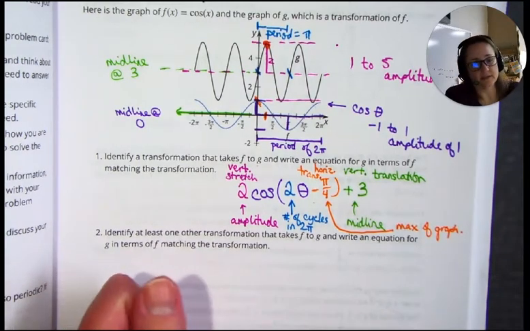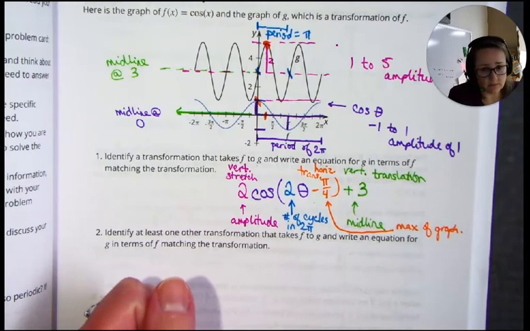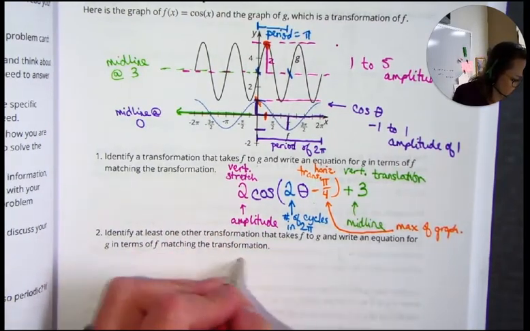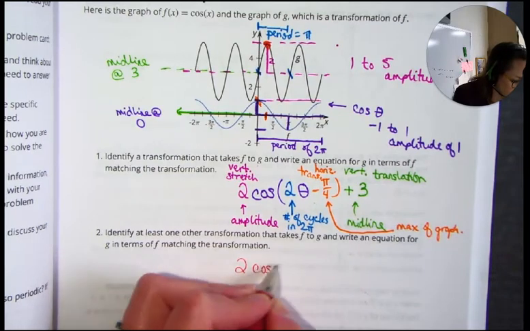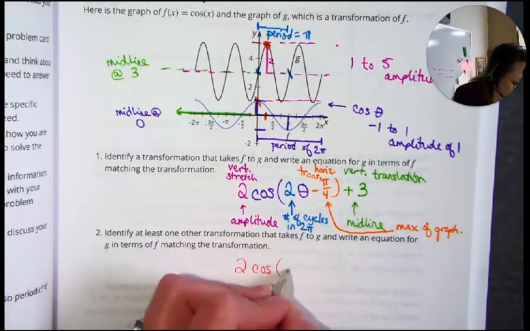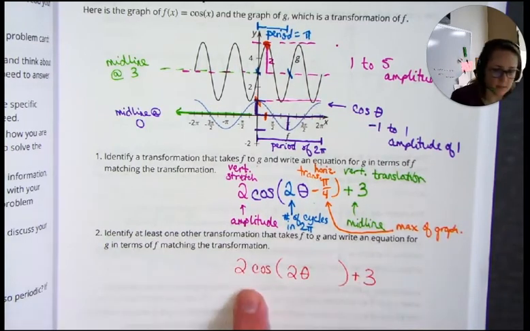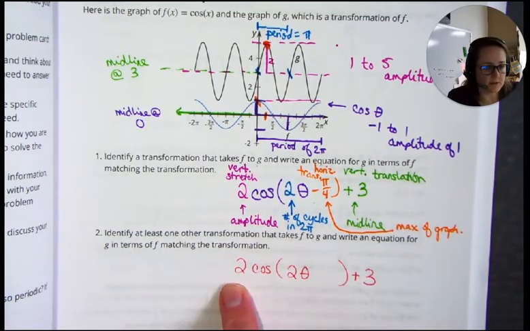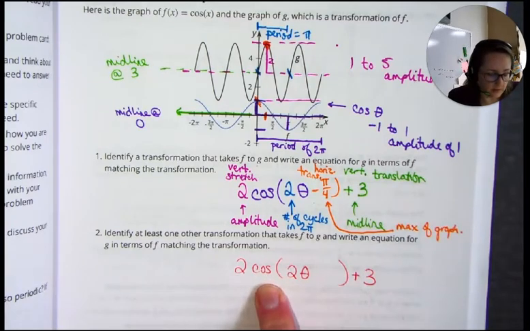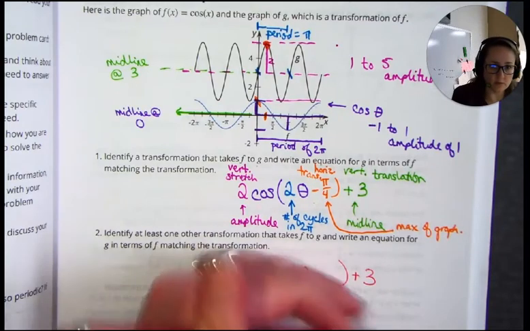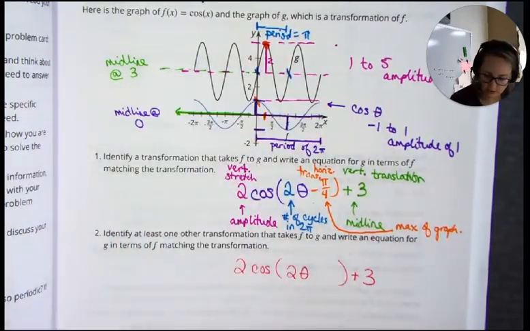We can also write this in a different way. I'm going to keep all of that same idea, 2 cosine, 2 theta, and the plus 3, because I haven't changed the vertical stretch. The amplitude is still locked in at 2. Thinking about this still as a cosine graph, we still have 2 cycles in 2 pi, and we have to move that midline up. That hasn't changed.